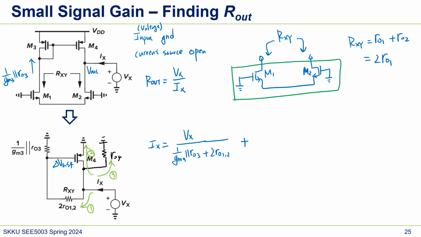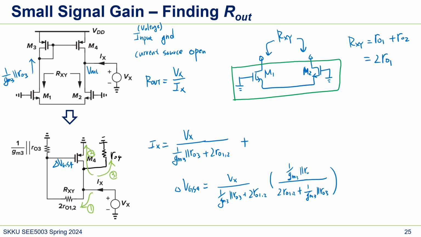So VGS4 is the current, Vx over (1 over GM3 parallel RO3 plus 2 RO1), and we're going to use resistive dividing. So that will be 2 RO1 plus 1 over GM3 parallel RO3, and here will be 1 over GM3 parallel RO3, right? That's VGS4.